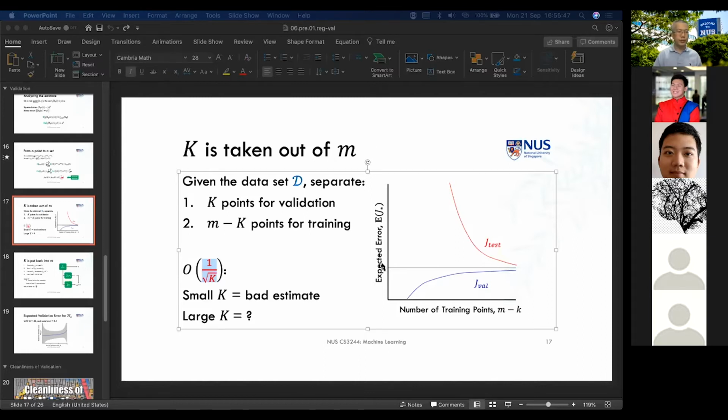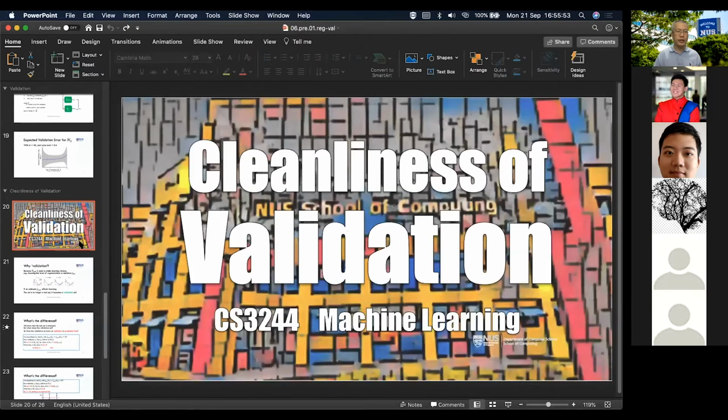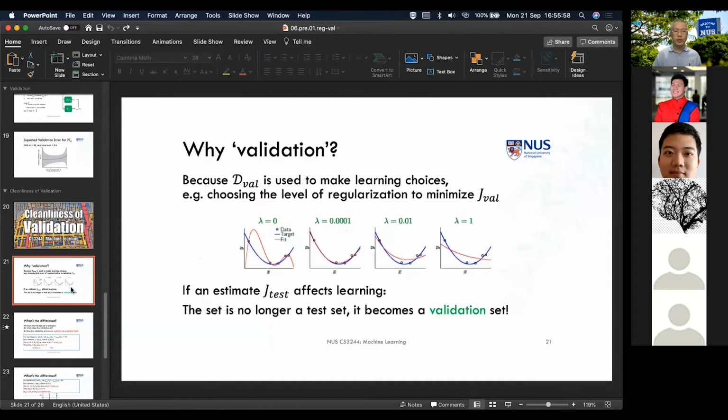Okay, so hopefully you understand what the validation is doing. We come to the key part of the lecture, which is the cleanliness of validation, which people are usually confused about. So what's going on here? We are using some of the training data to get a handle on the estimated test error. But when we use the validation to tell us what to do, we are actually using it to make a choice.